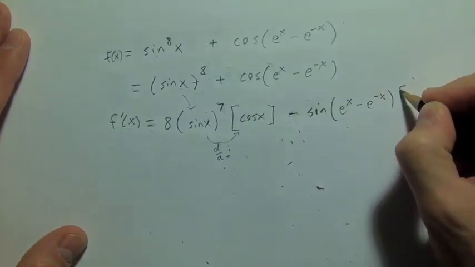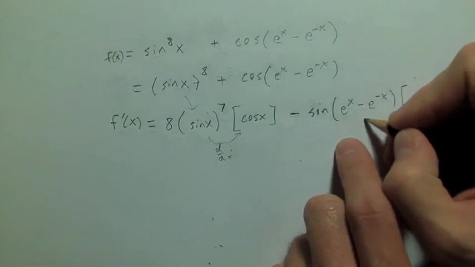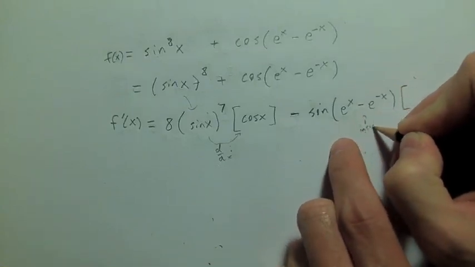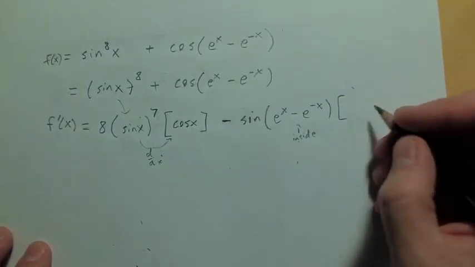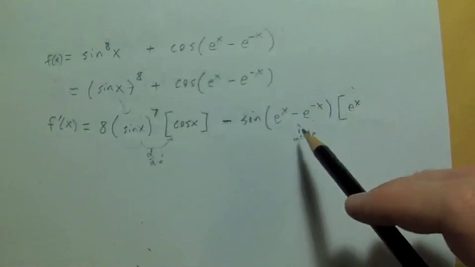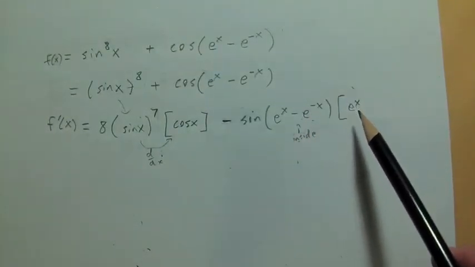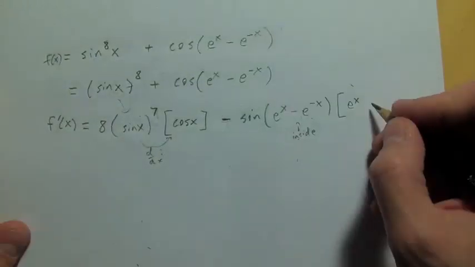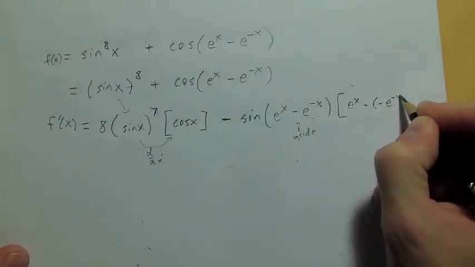And now I'm going to multiply by the derivative of the inside. And the inside, right, this is my inside. So the derivative of the stuff here, well, the derivative of e to the x is itself, and the derivative of negative e to the negative x, well, the derivative of e to the negative x is, I'll just write it, negative e to the negative x.